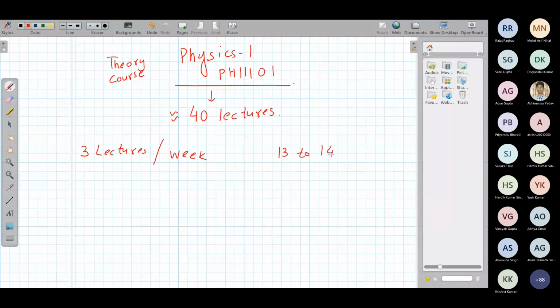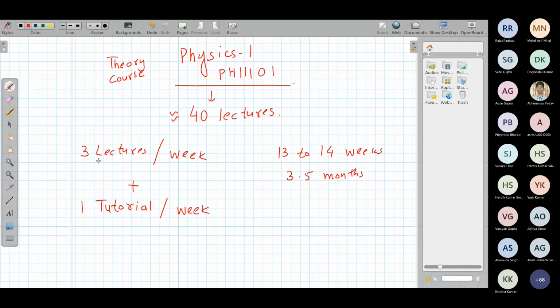So this is roughly equal to 3 to 4 months, or roughly 3.5 months. You will have 3 lectures per week, and along with them, you will also have 1 tutorial per week.